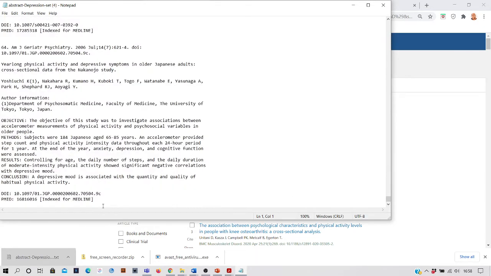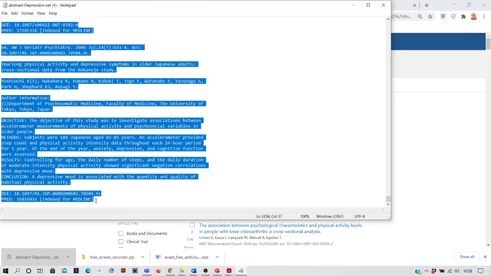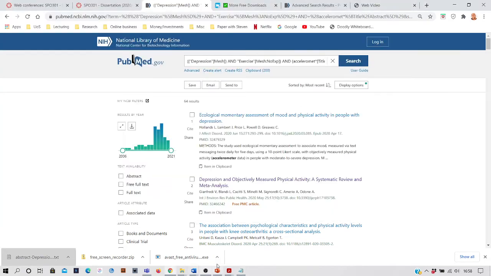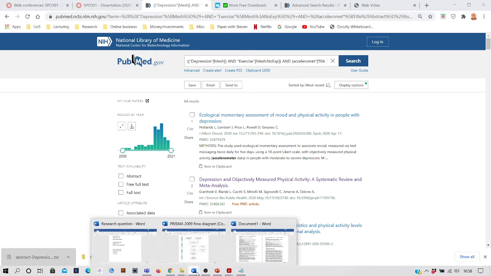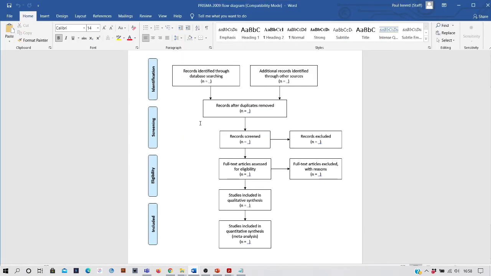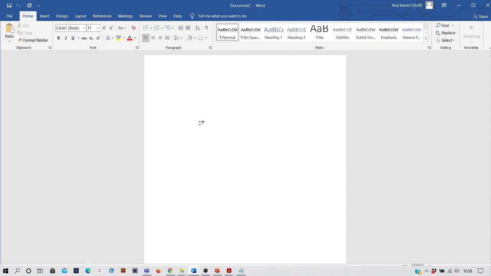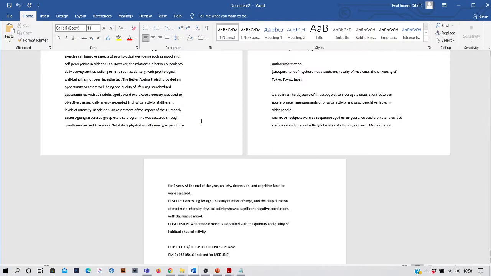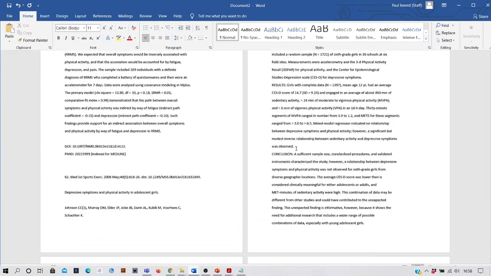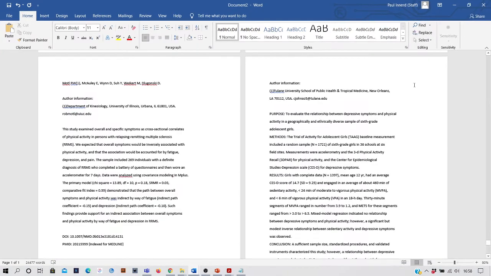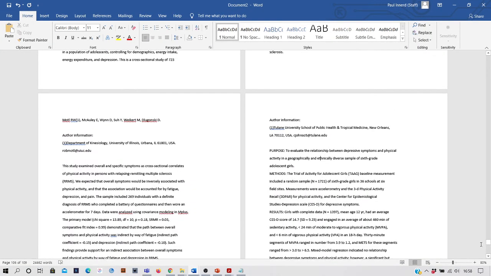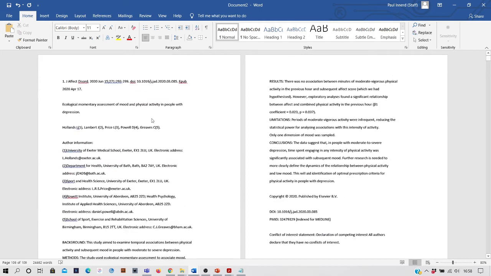What I do, and mark my words, I learned this from the best, is just to copy that and put it straight into a Word document. So new document, paste it in there. Now you'll notice that when you've pasted it in, it might be set out in a way so you've got big gaps between the lines.